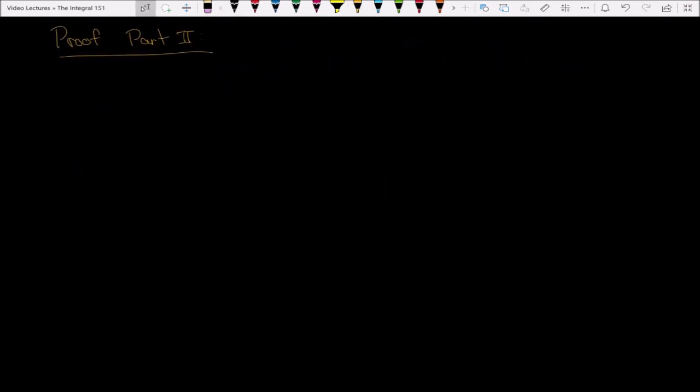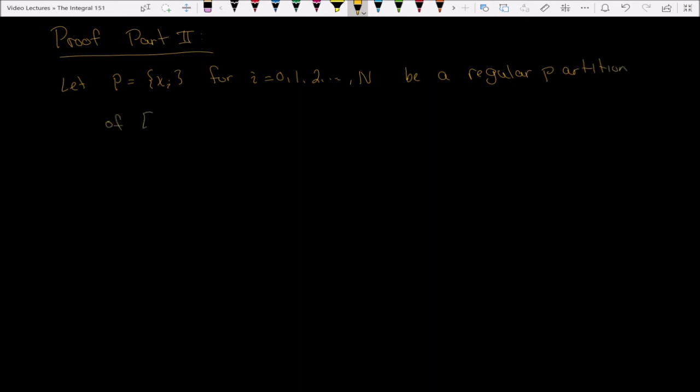To do this, we let P be a partition of points x sub i, for i equals 0, 1, 2, up to some value big N. More specifically, this is going to be a regular partition of the interval a to b.